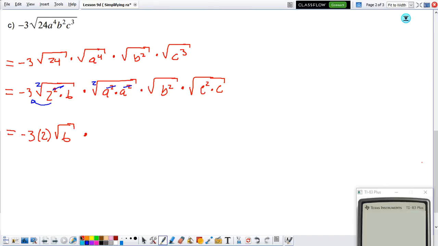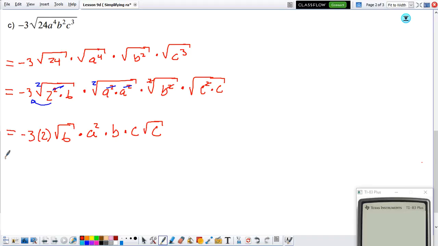Because there was a 2 outside, a times a becomes outside, which essentially is just a squared. So let's rewrite that as a squared times a squared. Times b, this 2 cancels out, so times c, and now we still have one c inside, so square root of c.